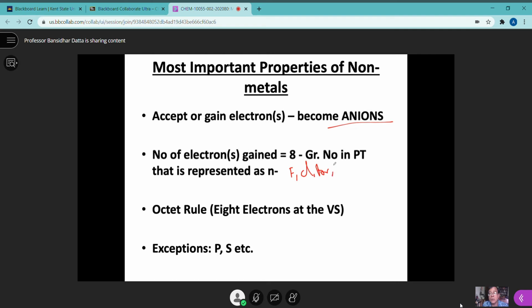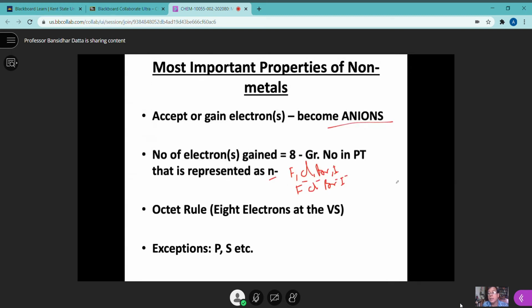So 8 minus 7 is 1, therefore they will take 1 electron and become F minus, Cl minus, Br minus, and I minus, each 1 minus. That's the number it represents.